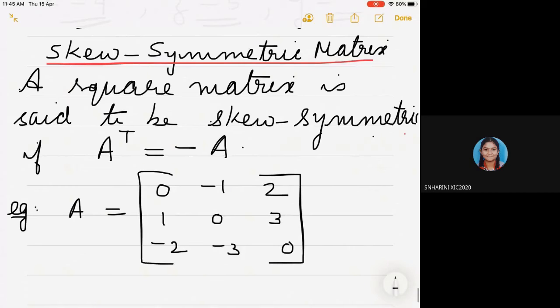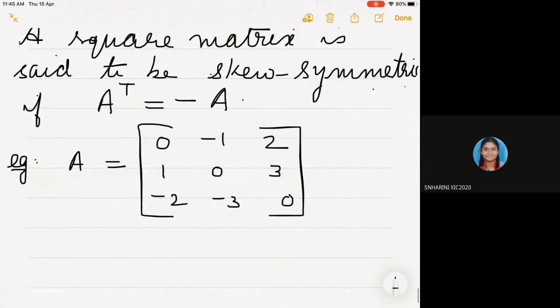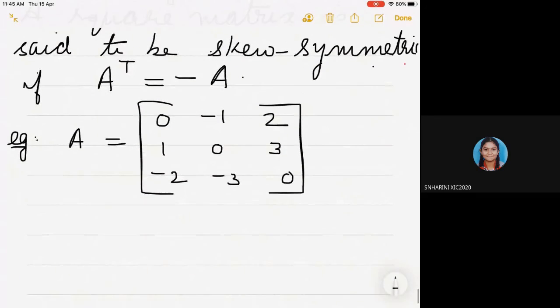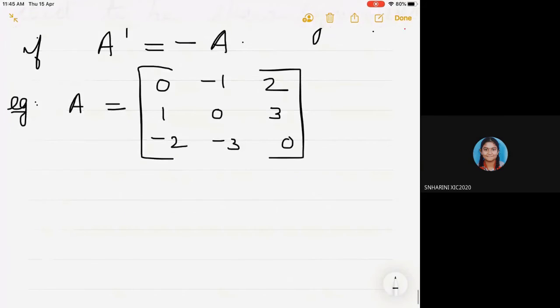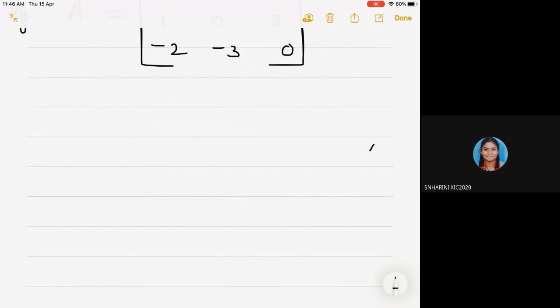So this matrix you consider and take the transpose and see. Before that, I just wanted to recollect one scalar multiplication property. What is actually scalar multiplication? Suppose 2 into a matrix 1, 2, 4, 5, 6, 3.